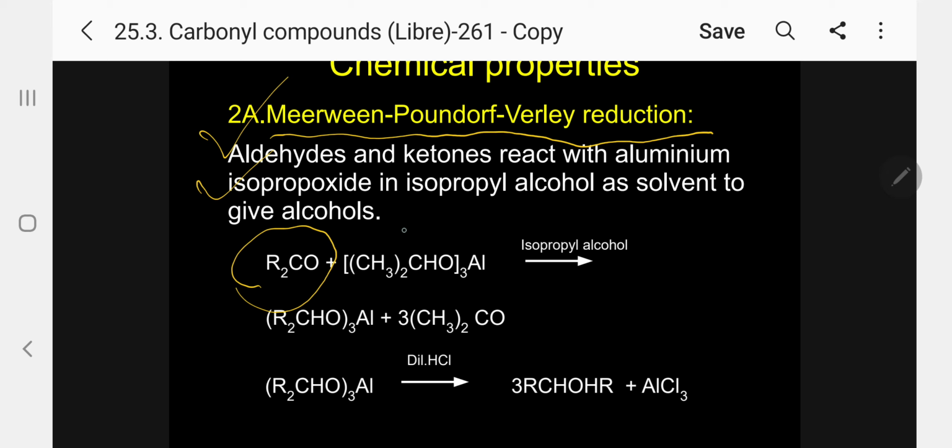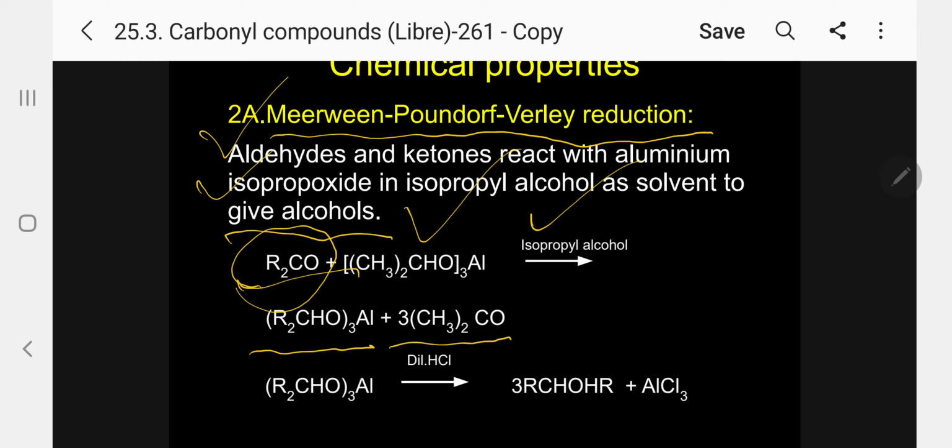When you treat with aluminum isopropoxide in isopropyl alcohol as solvent, it gives the corresponding alcohol. Kindly follow, so this ketone will be converted into the corresponding alcohol. They are exchanging.